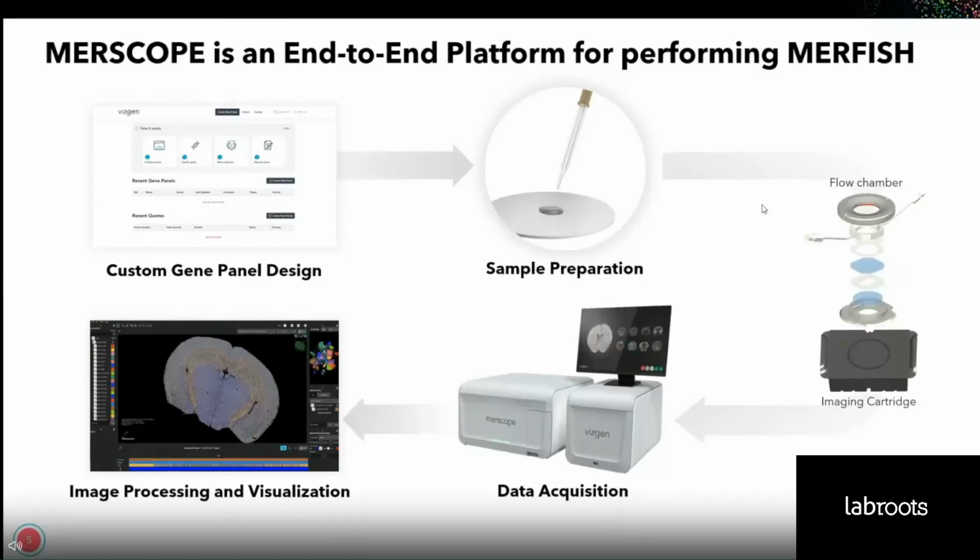Once that data is acquired, it's uploaded into our image processing solution, and a number of files are created, including a VZG file, which allows users to visualize the data set that they just analyzed on the MERSCOPE instrument.